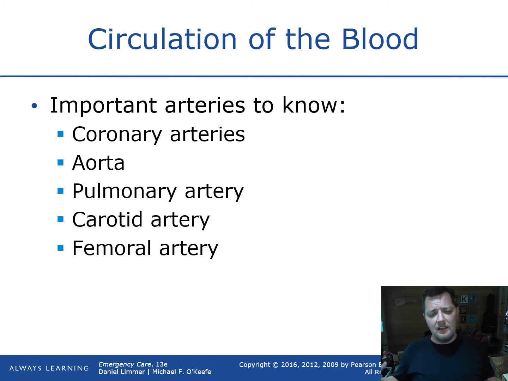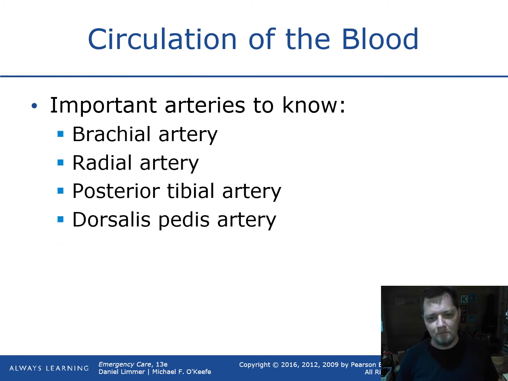And then the aorta, the pulmonary arteries, the carotid arteries, and the femoral arteries. So you've got your brachial artery, radial, posterior tibial, your dorsalis pedis arteries. These are all arteries that you pretty much need to know where they are.